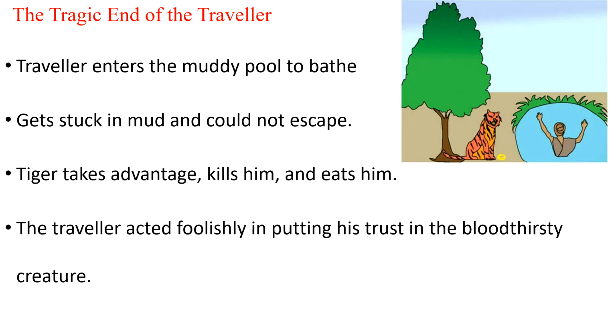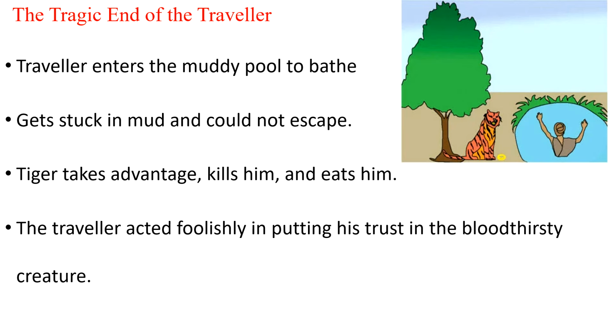The poor traveler believes the old tiger's words, and the tiger says, go to the pool, bathe in the pool and then receive the golden bracelet. Bathing in the river or the pool is a ceremonial bath. So it asks the traveler to bathe in the pool and then receive the golden bracelet.